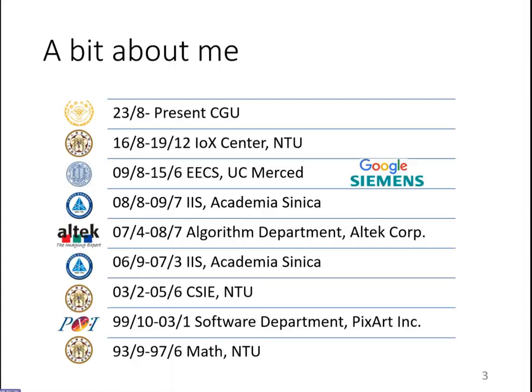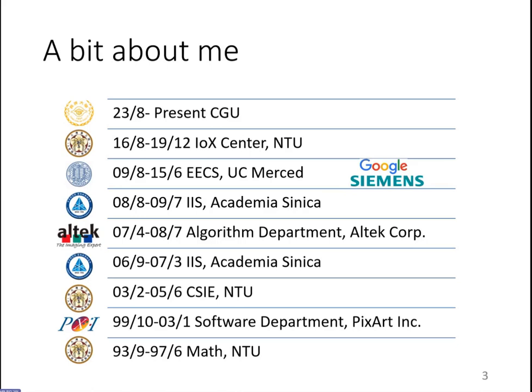First of all, this is my experience. In the beginning, I was a mathematics student, and then I worked in a company in the Hsinchu Science and Industrial Park. Then I went to NTU to join a master program, and I went to Academia Sinica as a research assistant.